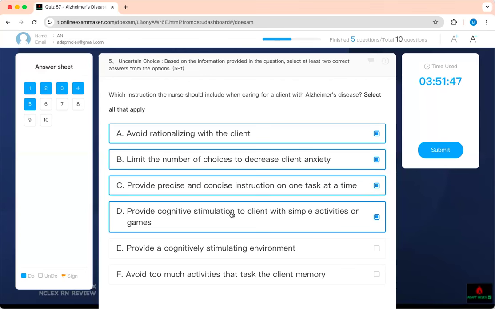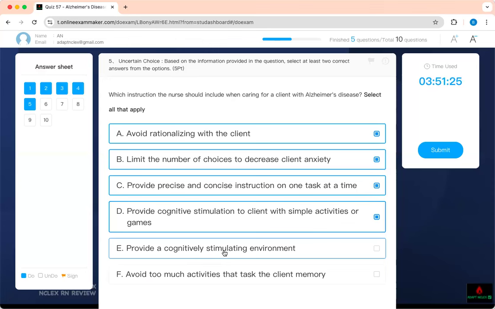But D said provide cognitive stimulation to the client with a simple activity, something small, so they can play with it, to help their brain. But don't give them an environment where they have to read a whole encyclopedia, right? No, something small.